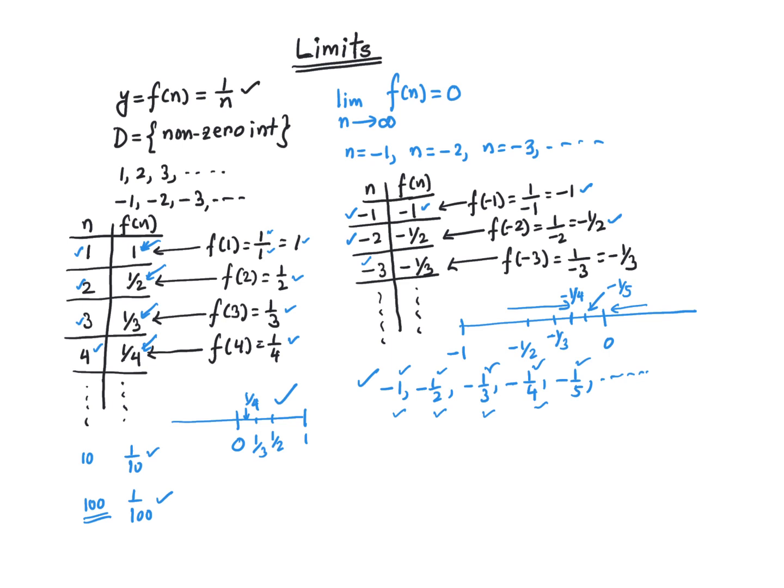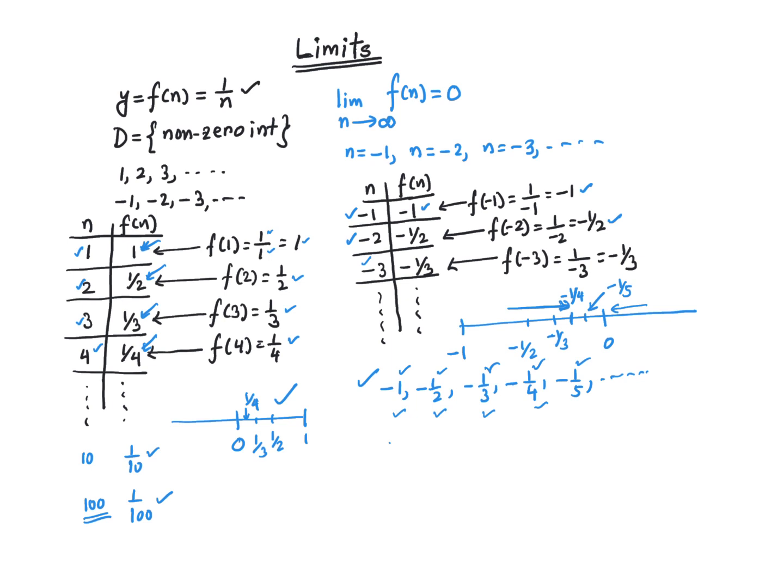So, as n approaches negative infinity, f of n approaches 0. However, it approaches 0 from the left hand side. So in the limiting case, in the extreme case, what happens to the function f of n as n races towards negative infinity is the value that we are interested in, and that is the value we call the limit of this function as n approaches negative infinity.